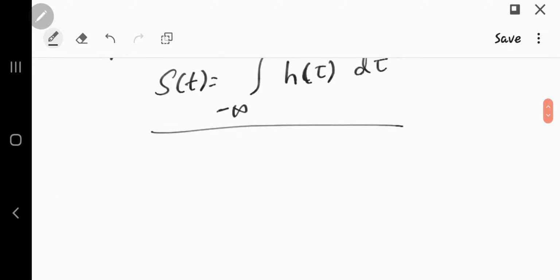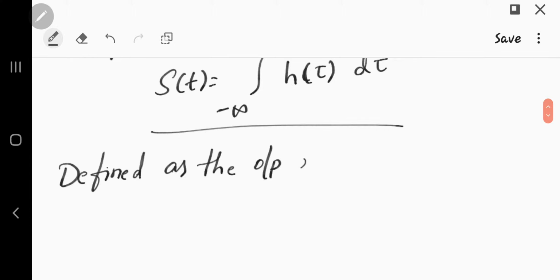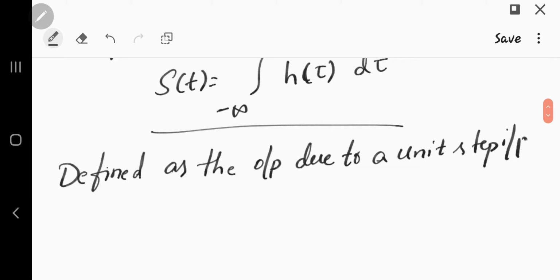Okay. I will just rewrite the definition once again here. What is step response? Step response is defined as the output due to a unit step input signal.